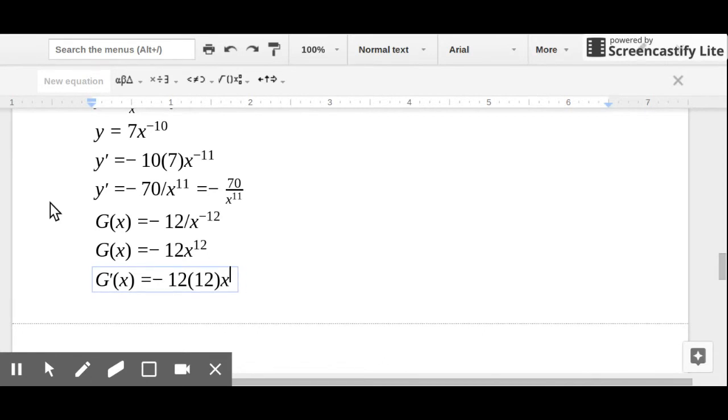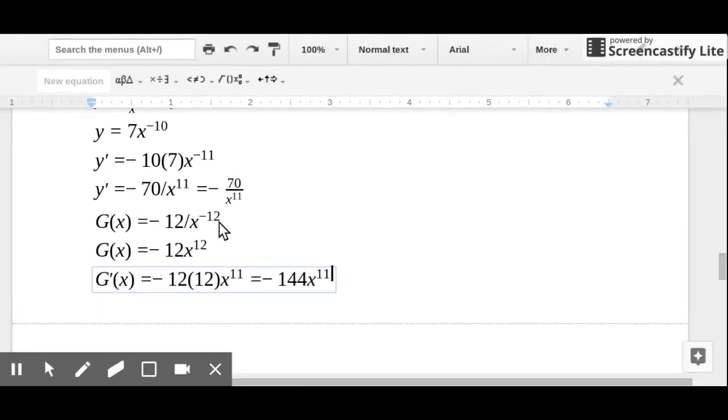No, 11. So this is 12 minus 1. See, it almost tricked me. This is 12 minus 1, and 12 minus 1 is 11. So be careful about that. Okay. Is equal to negative 144 x raised to the 11th power.